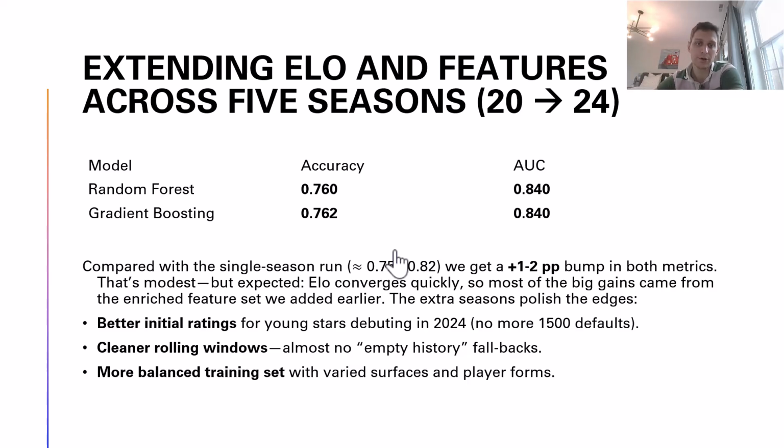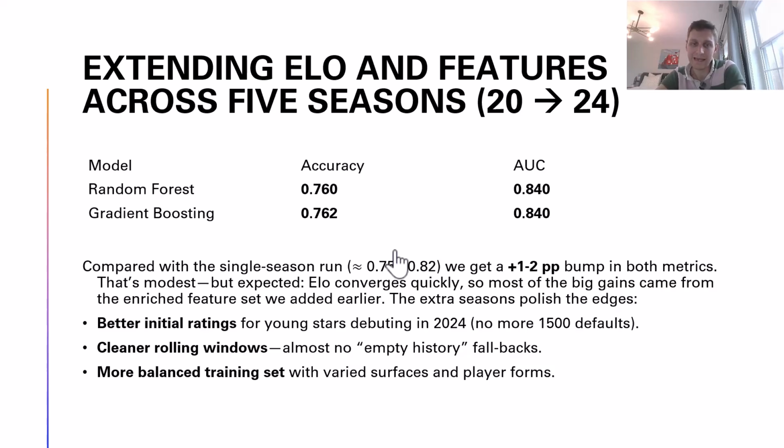I'm only going to look at 5 seasons, from 2020 to 2024, and it's giving me a few additional percentage points, going from 75 to almost 76 in accuracy, and for the area under the curve, going to 84%.